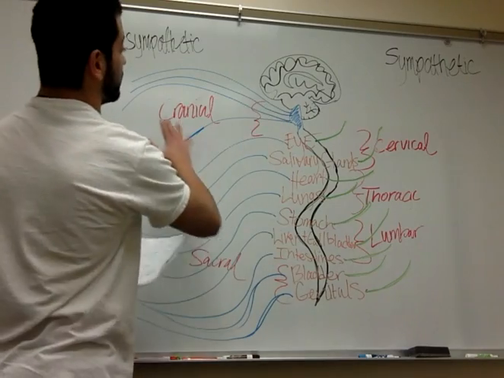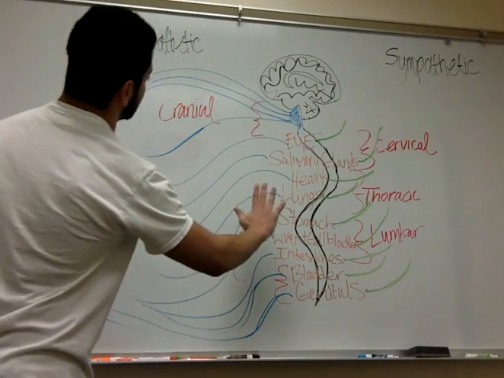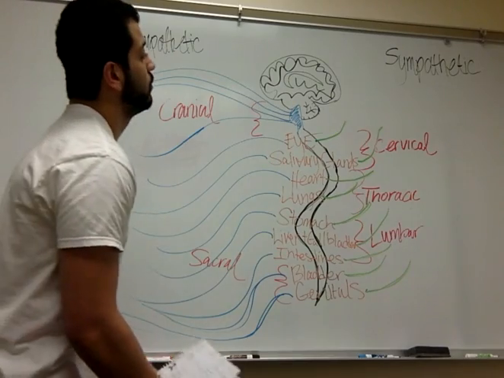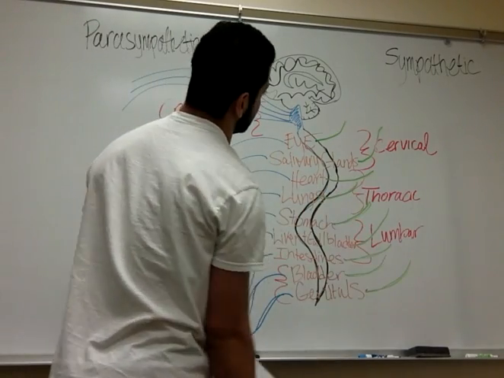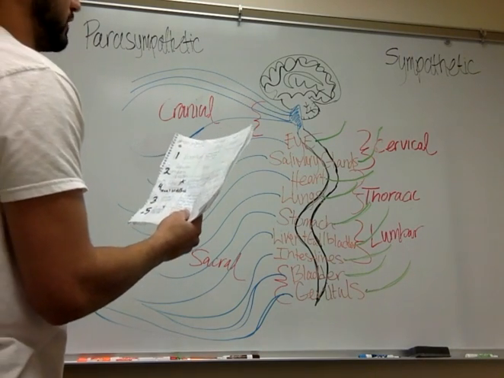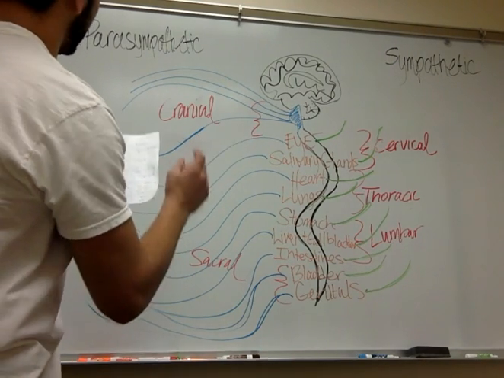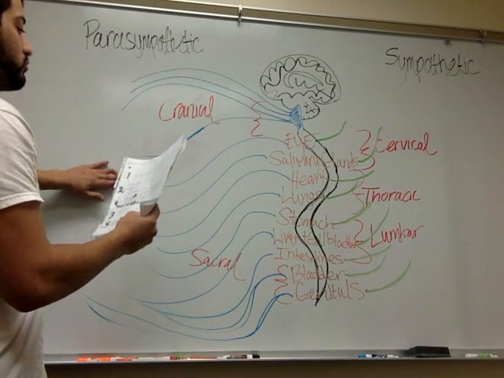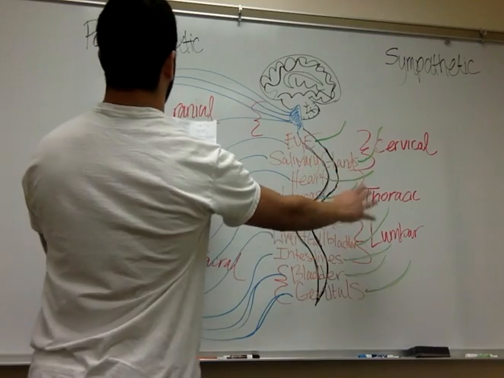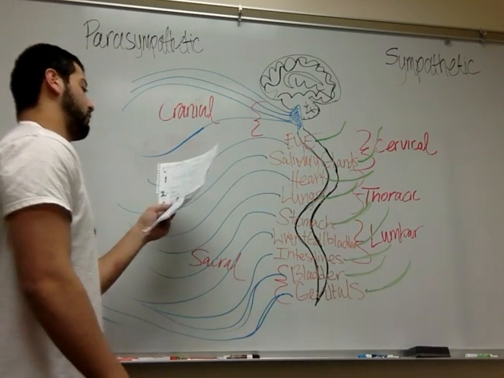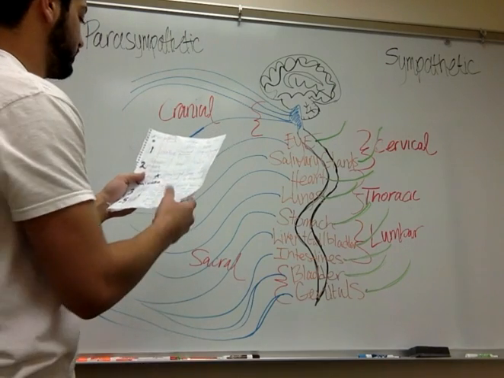Illustrated here are the preganglionic fibers. You can see that they're a lot longer in the parasympathetic, reaching close to the effector organ, whereas they are much shorter in the sympathetic division. Concerning the postganglionic fibers, they are much shorter here and localized, whereas they are much longer here to compensate for the short preganglionic fibers, and they are very widespread.